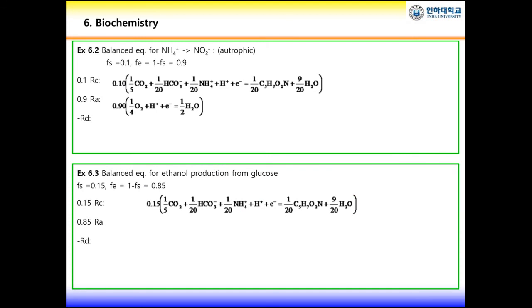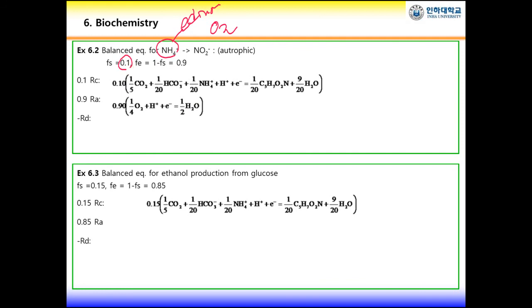This is an autotrophic reaction, ammonia conversion into nitrate. So this is the electron donor. If this is oxidized to nitrate, what's the electron acceptor? That is oxygen. And we can find the number for Fs or Fe.